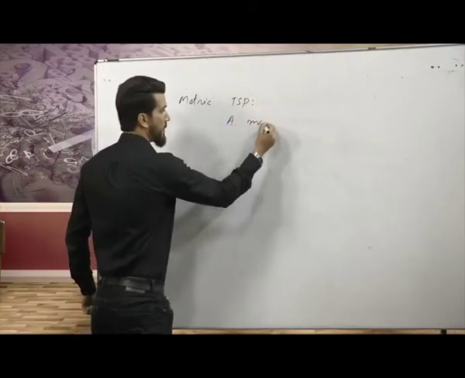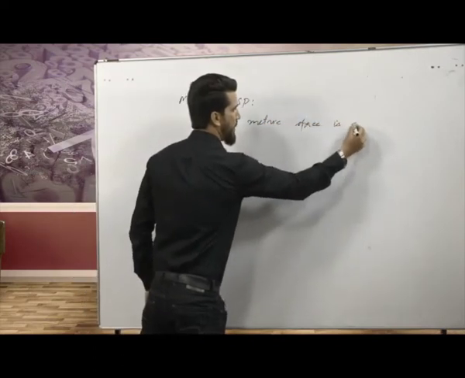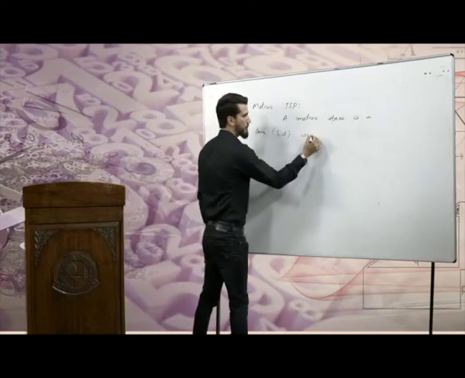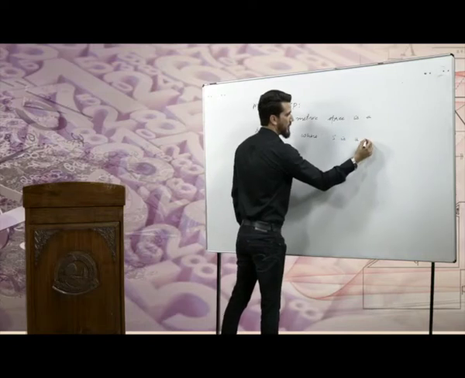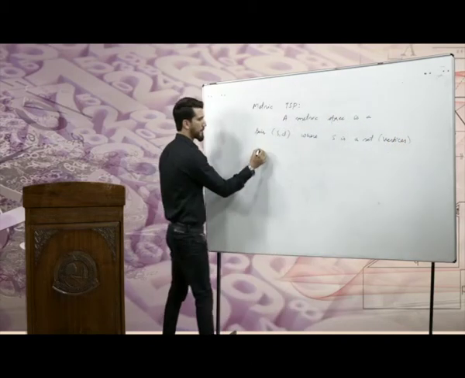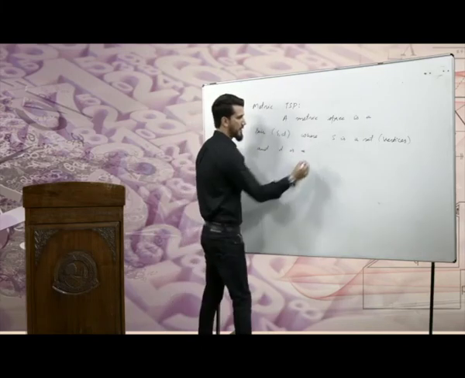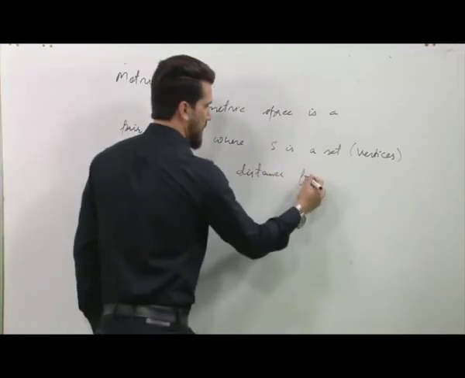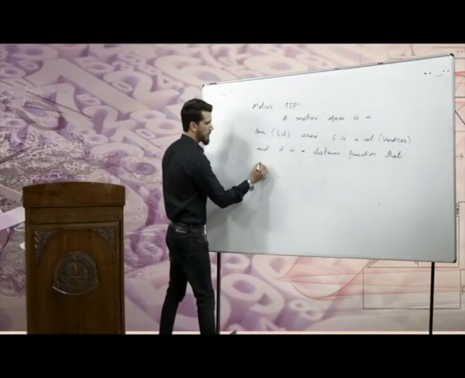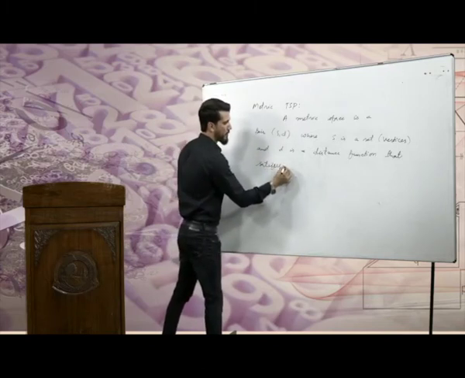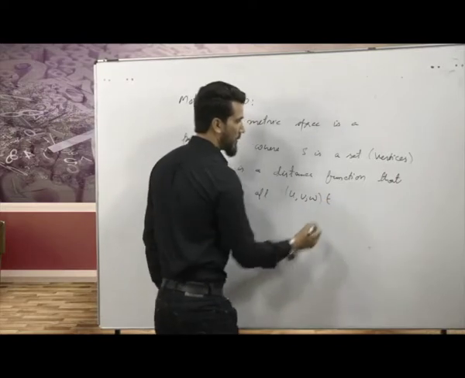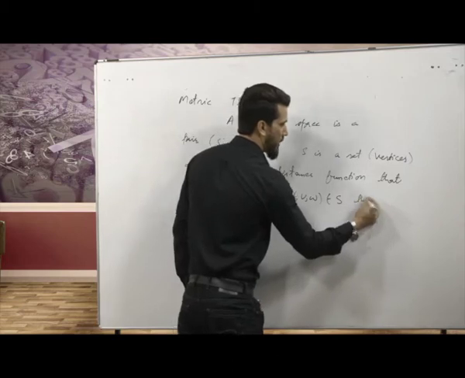A metric space is a pair (S, D) where S is a set, which may be a set of vertices or nodes or cities, and D is a distance function that satisfies, for all u, v, w that are in S, the following conditions.